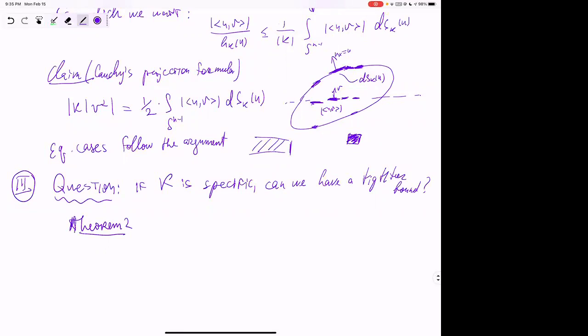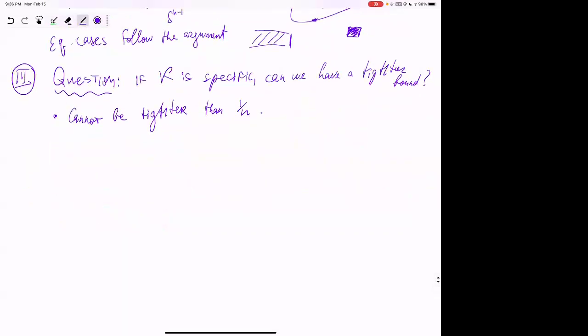Well, actually, before I formulate another theorem, let me first say how tight the bound can be. It cannot be tighter. The constant of this inequality cannot be better than 1/n. Indeed, if I take the right-hand side here, let me go back to the convex body notation. Maybe it's better.